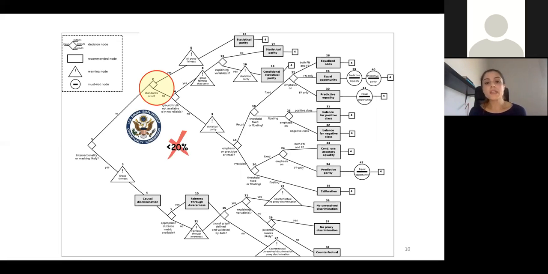Another example might be an internal organizational policy imposing diversity among its employees. Now, as shown here, in case some standards are set, statistical parity is recommended.